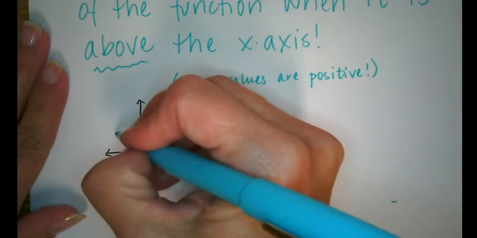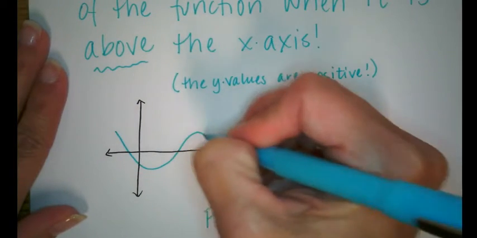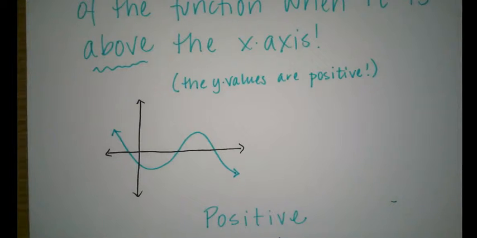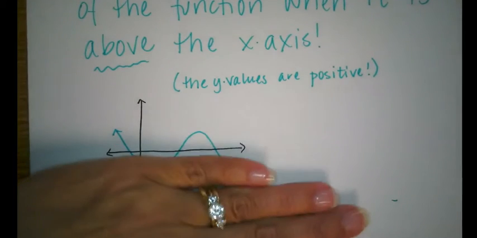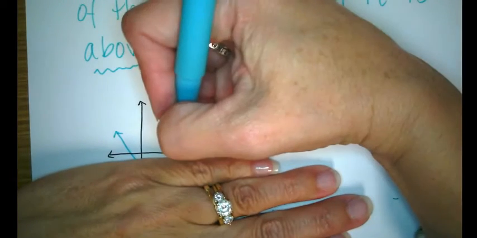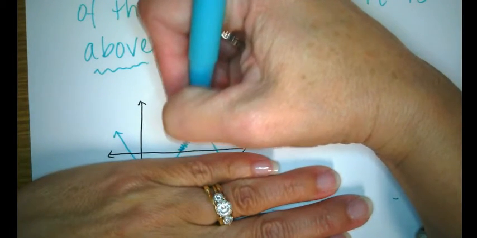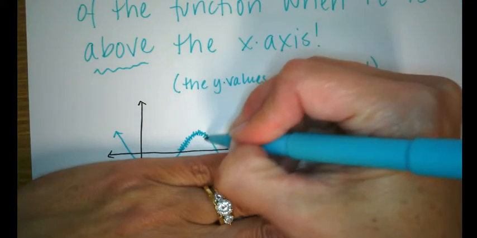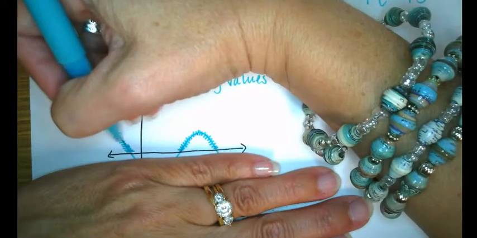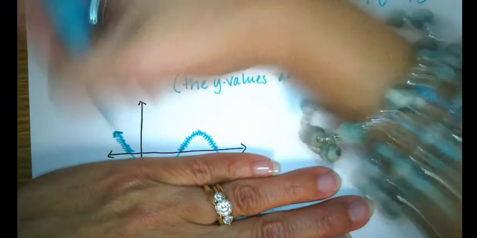So let's say we have this curve like this. When I'm looking for the positive areas of the graph, I want to know when is the function above the x-axis. And it is above the x-axis right here, and it's also above the x-axis over here.